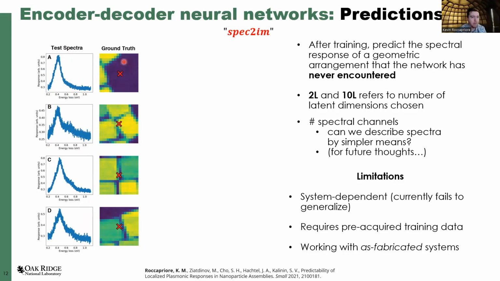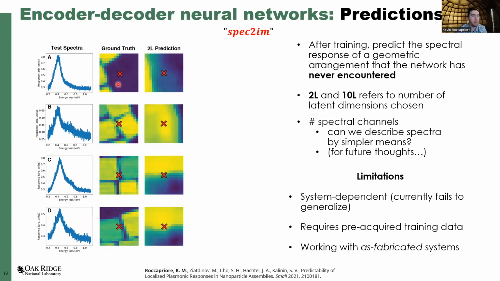When we do that, we have the ground truth because we have all of this pre-acquired data. When we go ahead and do a prediction on that using 2 latent dimensions, it actually doesn't do so bad. In the first one, we're somewhere off of the particle, and it can say it's some sort of edge. So it already understands that this is an edge feature. You might look at the spectrum and say there's not really anything going on from 0.6 electron volts to 1 electron volt.